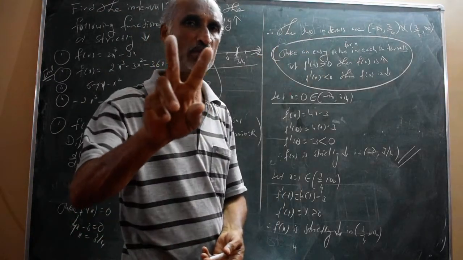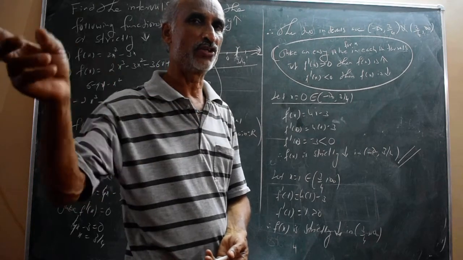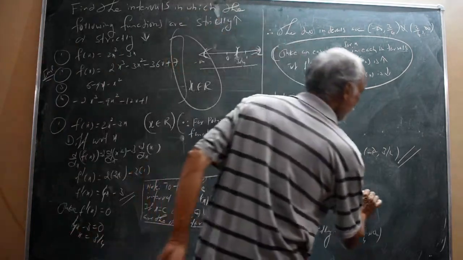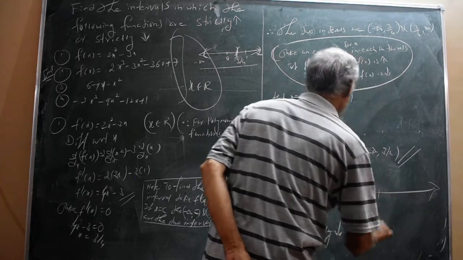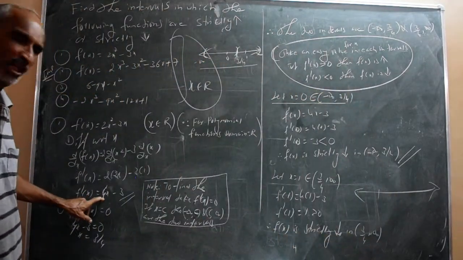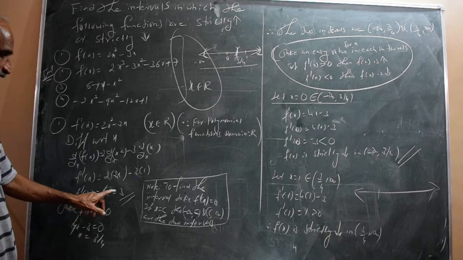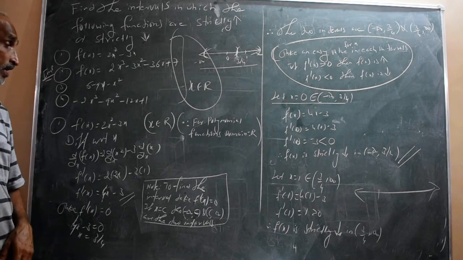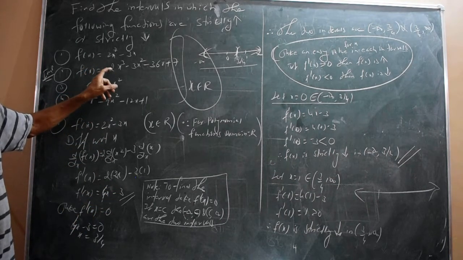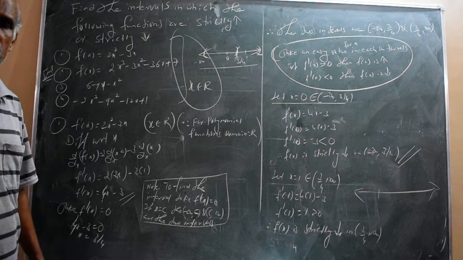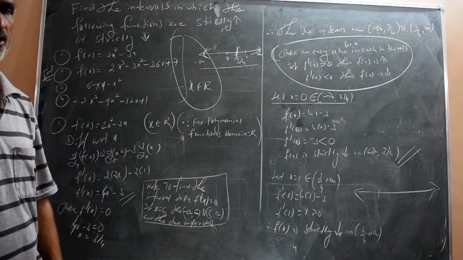If f dash of x is a linear equation like 4x minus 3, you are getting one value for x. If it is a quadratic equation, then you are getting two values for x, say for example x is 2 and x is 3.